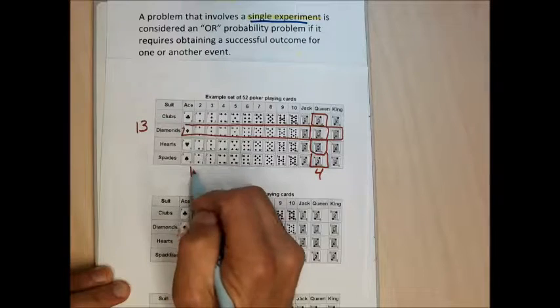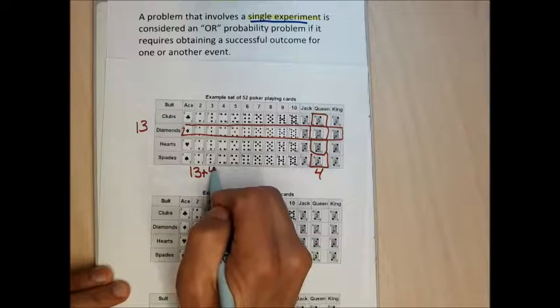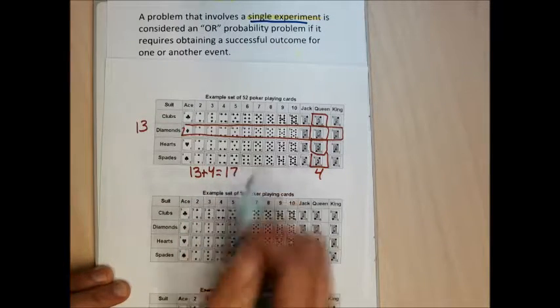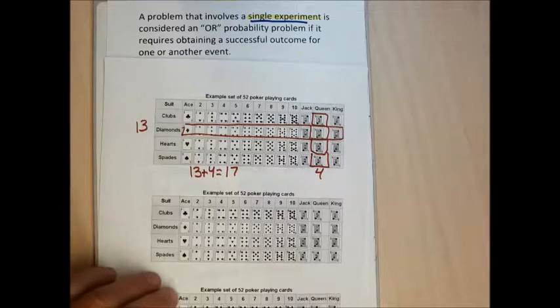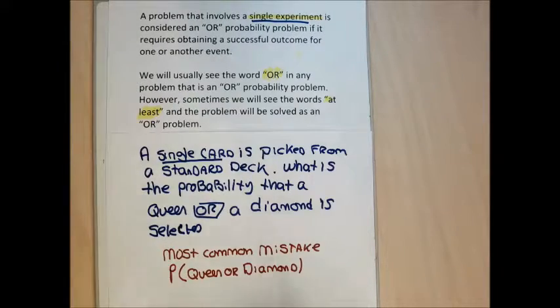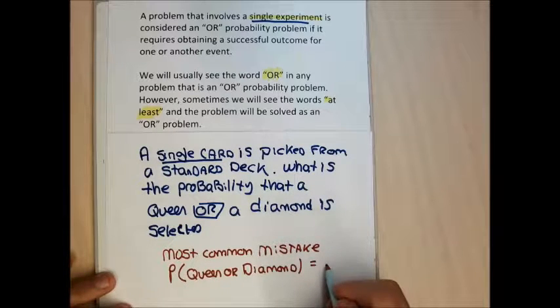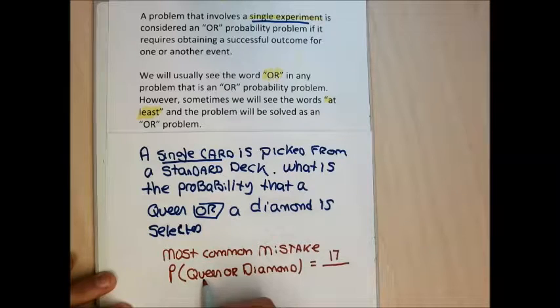If I add up the 13 diamonds plus the 4 queens, I'm going to get a 17 for the numerator. That's a mistake. I'll talk about why it's a mistake in a second. But a lot of students will do this if this was a test question. They'd put 17 in the numerator for the 4 queens plus the 13 diamonds.